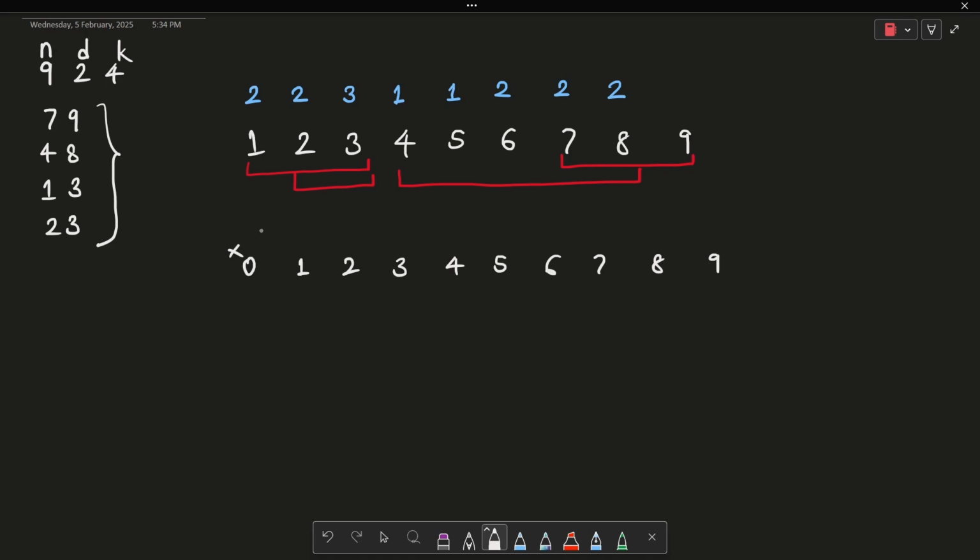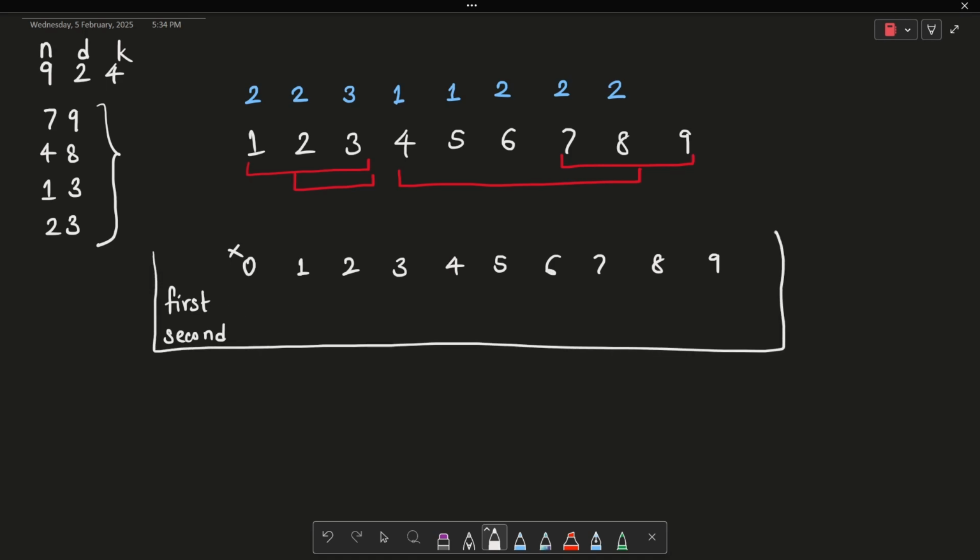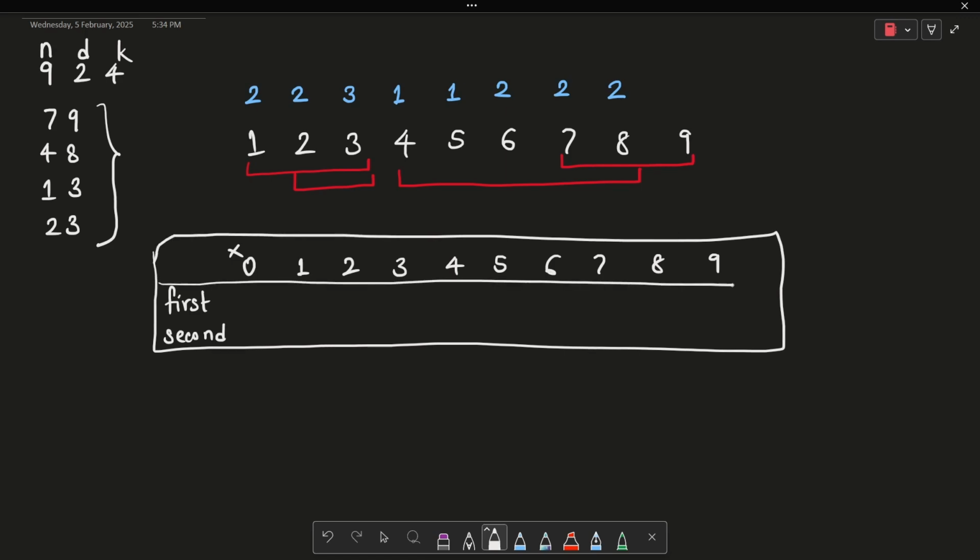It has no meaning. So I'll start from the first day and I'll create a vector of pairs. This will be the first element of the pair and this will be the second element of the pair. So I'm creating a vector of pairs, and the index of the vector is telling me the ith day.